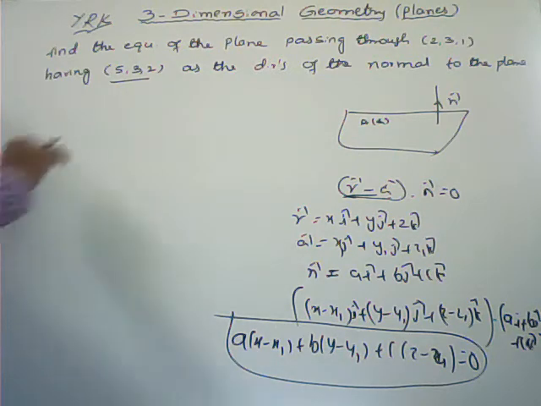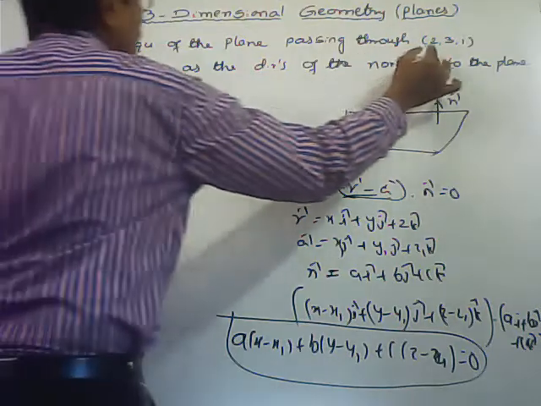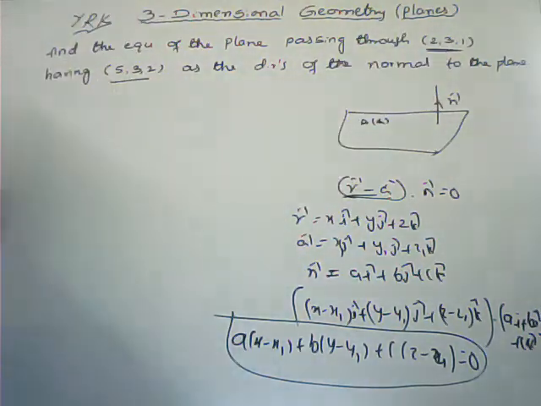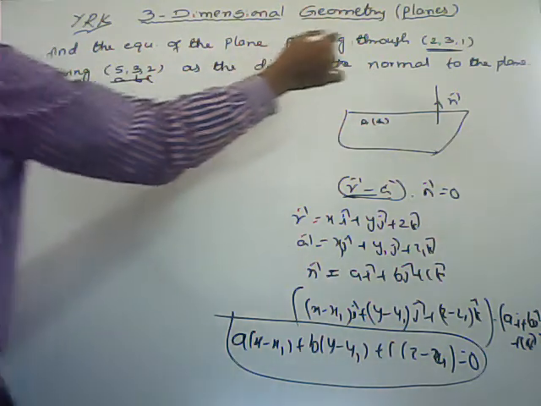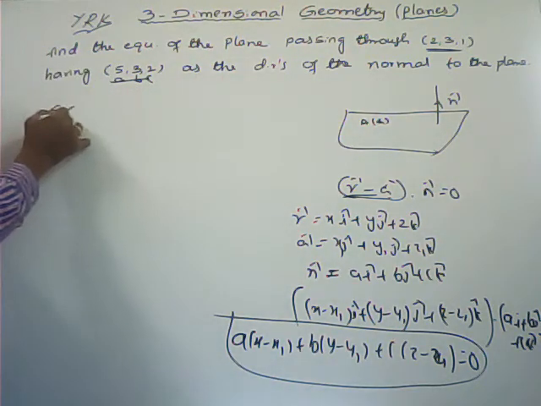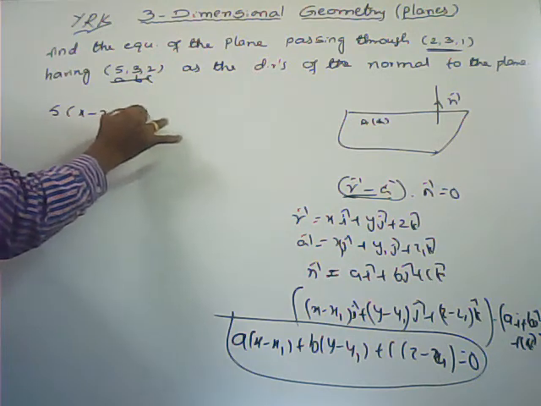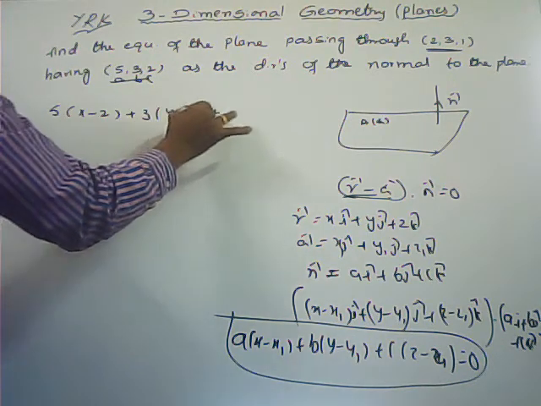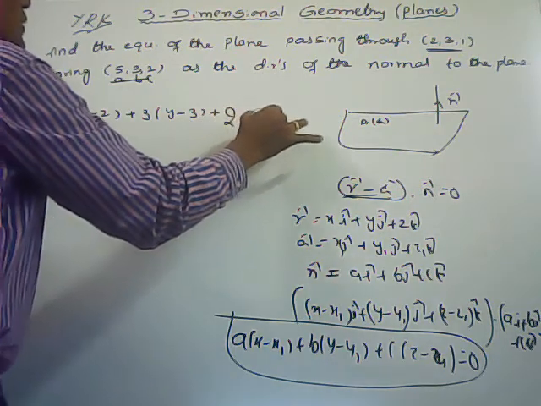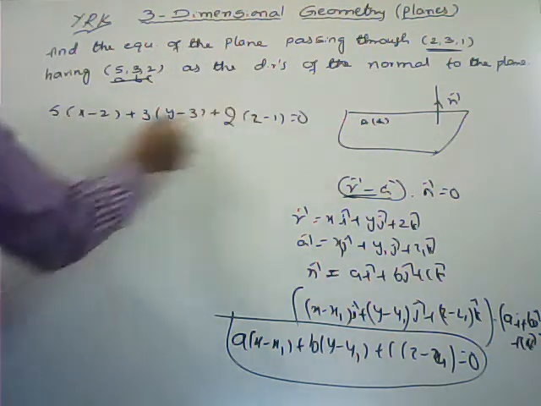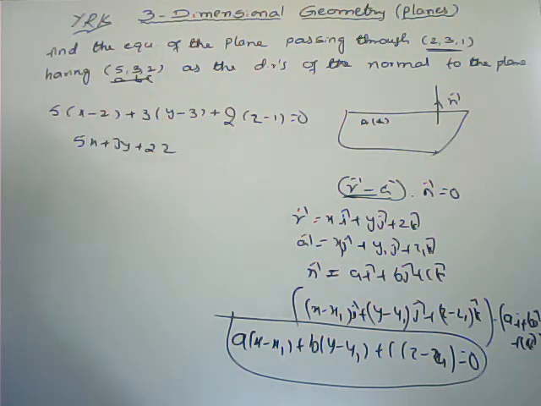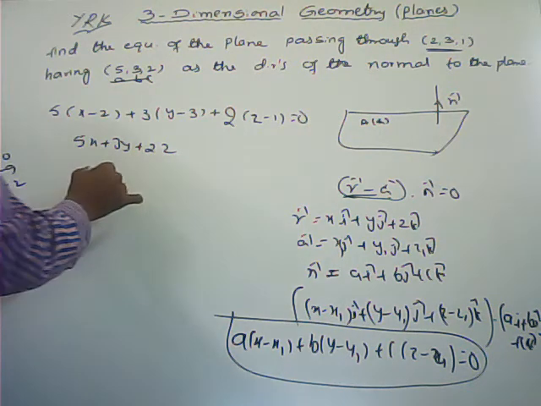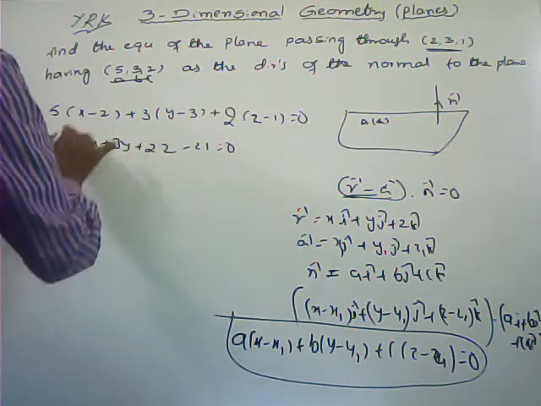So here also, the plane passes through the point x1, y1, z1 and the normal DRs a, b, c are given. Substituting, 5 into x minus 2 plus 3 into y minus 3 plus 2 into z minus 1 equals 0. Simplifying, 5x plus 3y plus 2z minus 10 minus 9 minus 2, that is minus 21, equals 0. This is the equation of the plane.